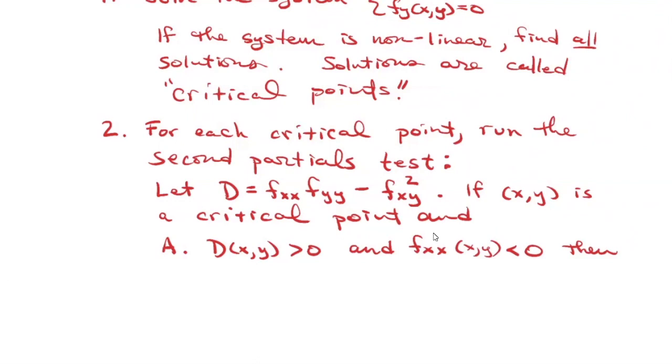That's concave down if the second partial is negative. If it's concave down, then it's going to be a max. So f has a local max at this critical point (x,y).